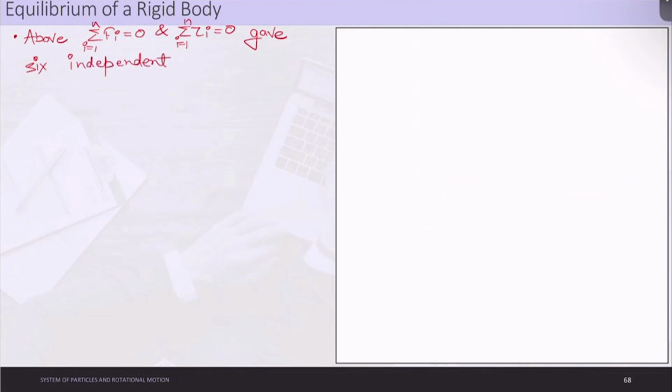What does independent mean? It doesn't have any effect on each other. 6 independent conditions, okay, to be satisfied for the mechanical equilibrium of a rigid body.